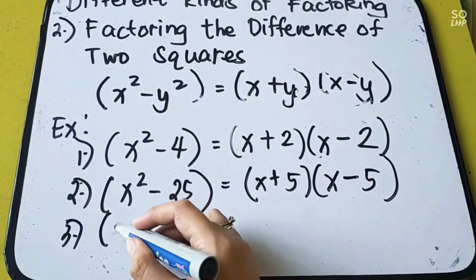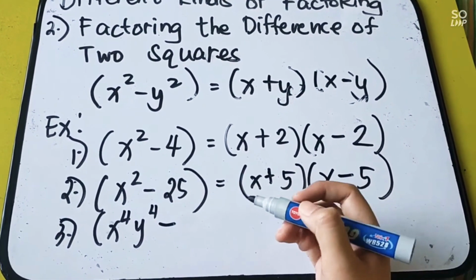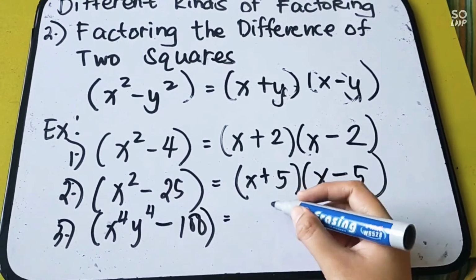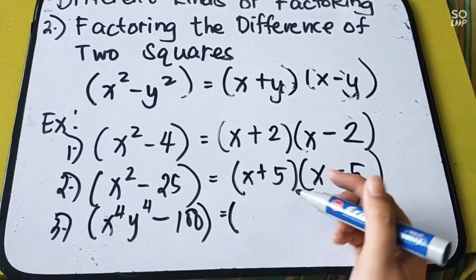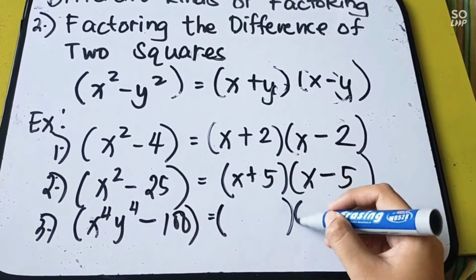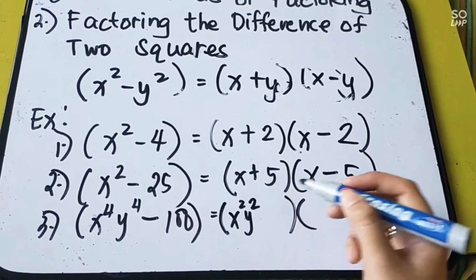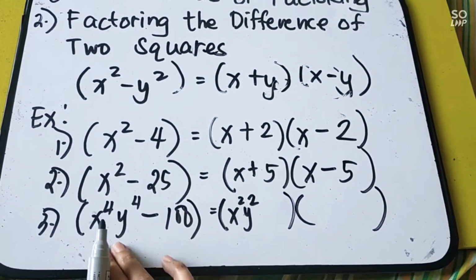What if I have x raised to 4, y raised to 4, minus 100. Okay? So, we have here, since the exponents are divisible by 2, the half is x squared and y squared. So, for variables, always just divide the exponent by 2.